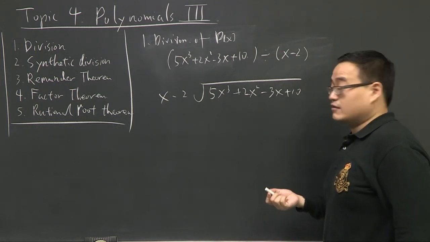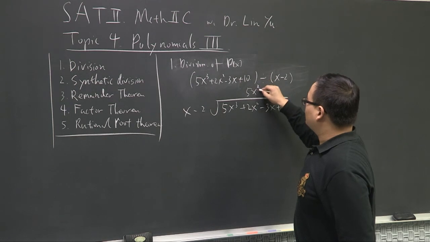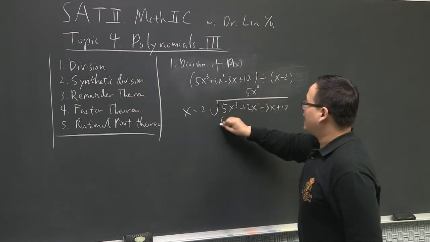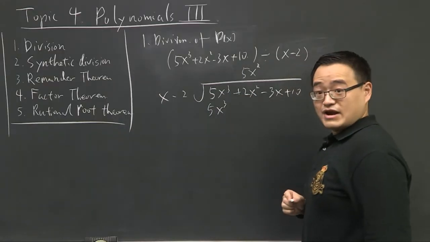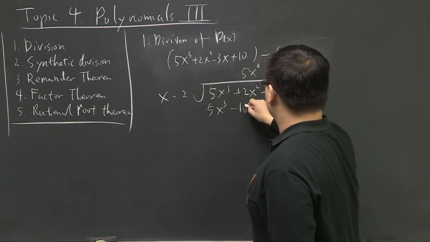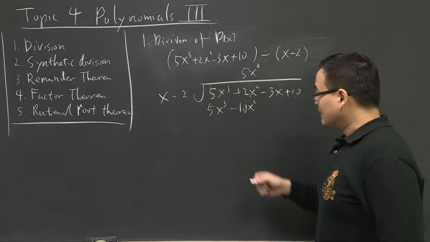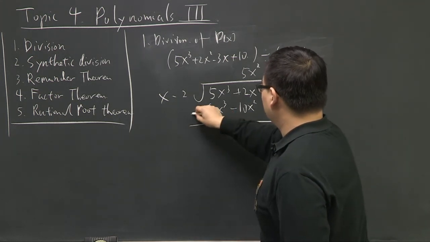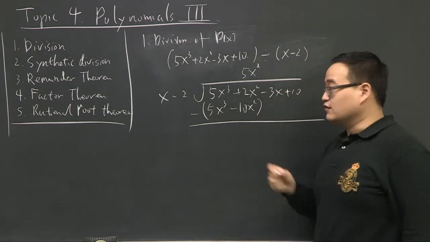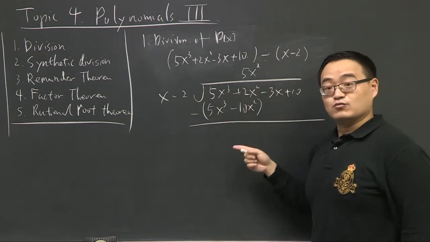Well, 5x squared, because if you multiply 5x squared by this, you get 5x cubed, which is great. But don't forget you have this term, so you have minus 10x squared. What you do is subtract this, so this becomes 0.